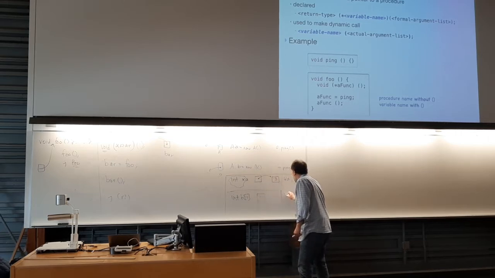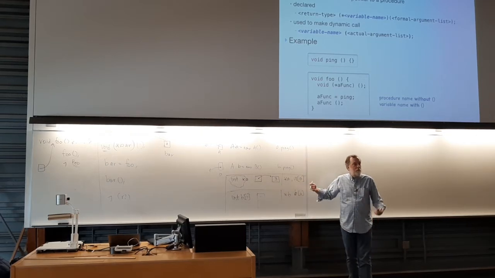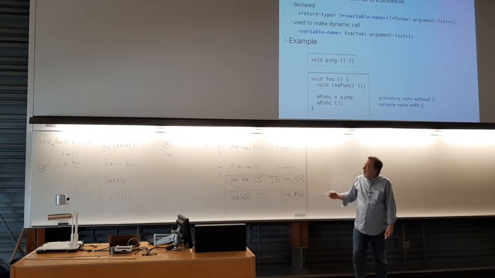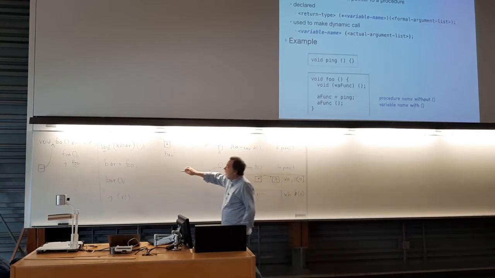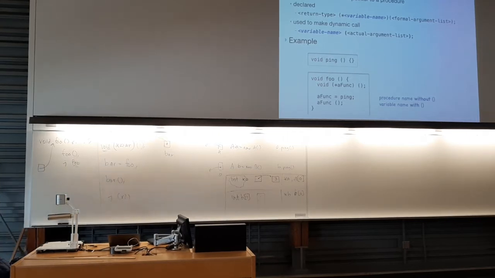I can say this or this to access elements of the array, but that's not dereferencing a pointer variable. It's just using the constant address to compile those accesses. Same thing here. The syntax for dereferencing a function pointer is the same as the syntax for calling a procedure. They're called exactly the same way.